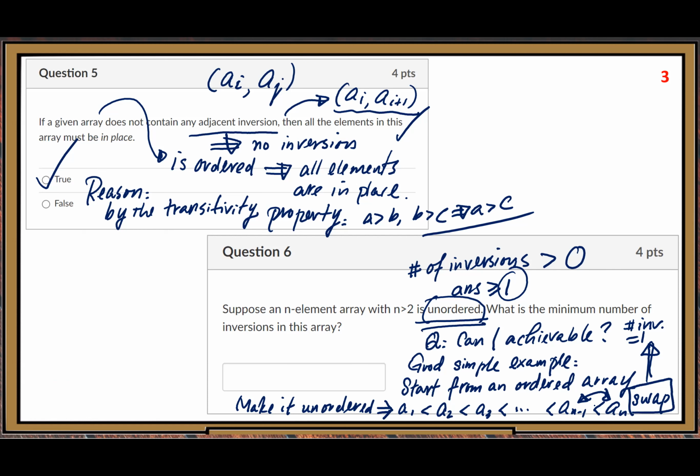If you do not look at the last pair, the remaining pairs are all in order. It does not affect the remaining pairs. You do one swap operation, so you get one inversion. That means one is achievable. So your answer is 1.